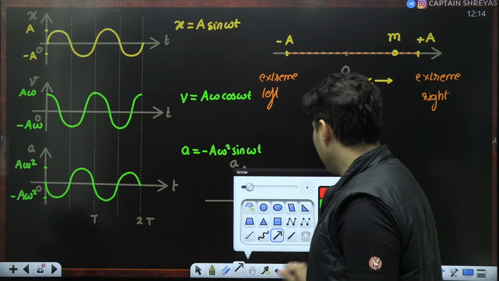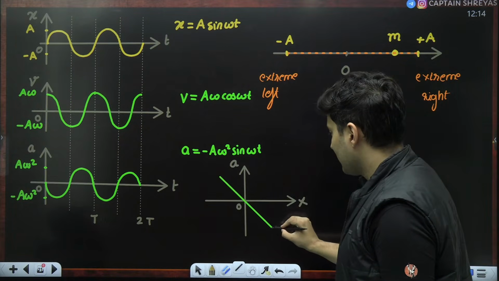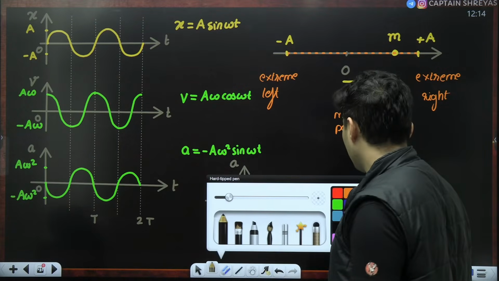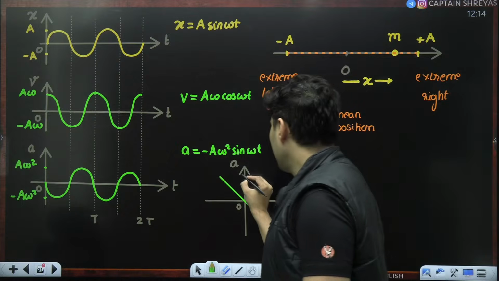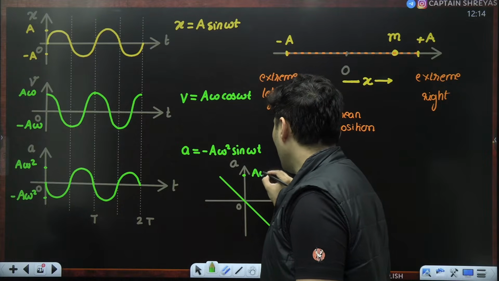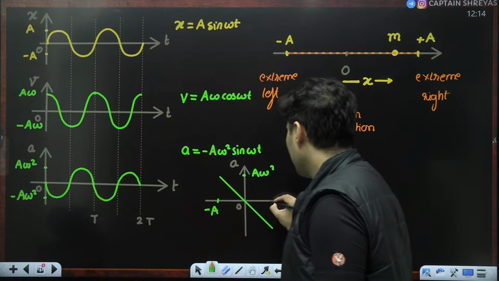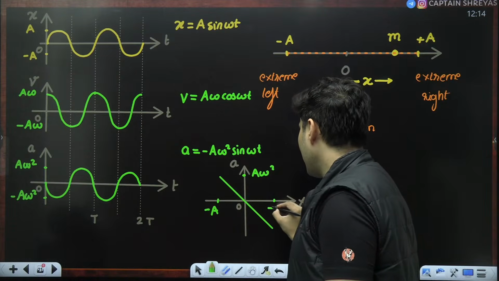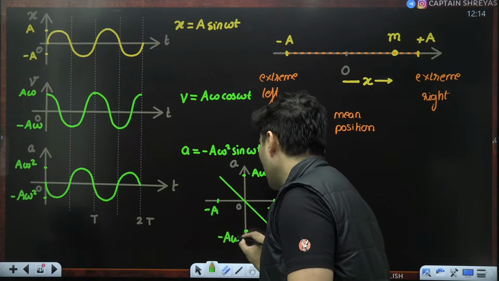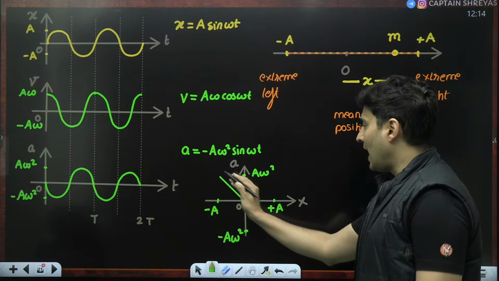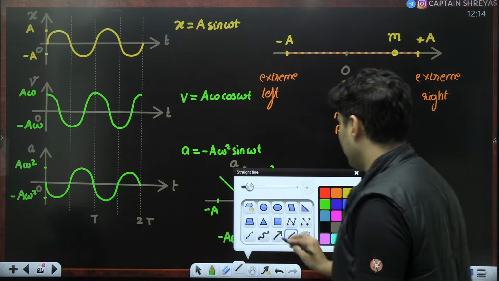Hence the graph is something like this. The maximum value is A omega square, and this will be at negative A. At plus A it has a value of minus A omega square. So that is the acceleration versus position graph. Again, you should be aware of it.